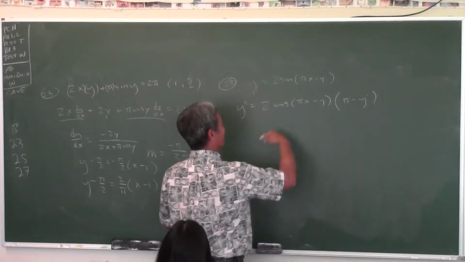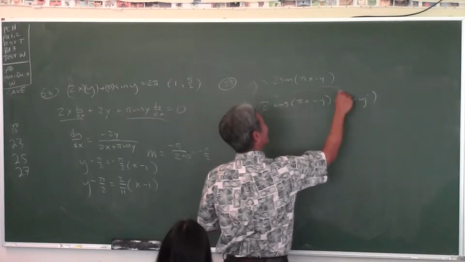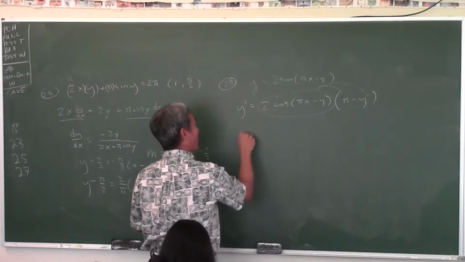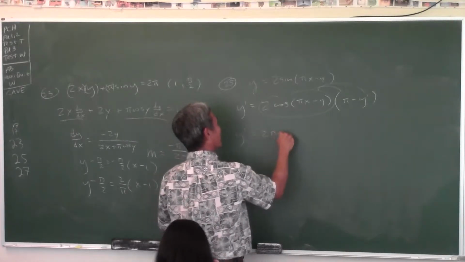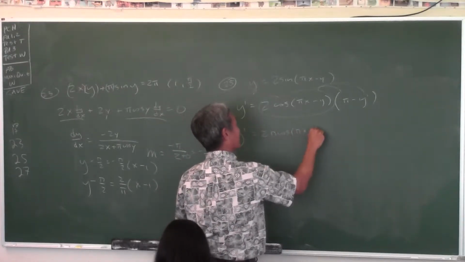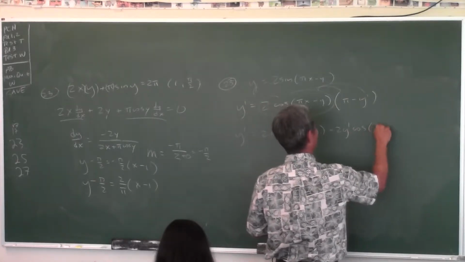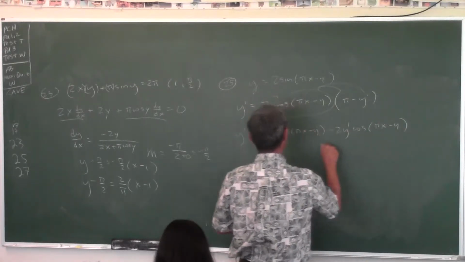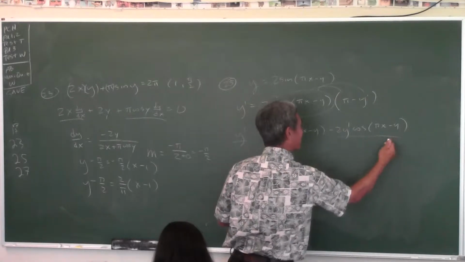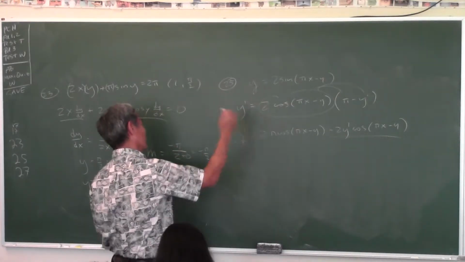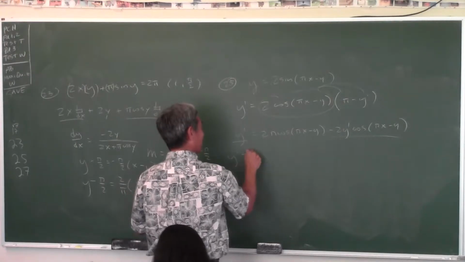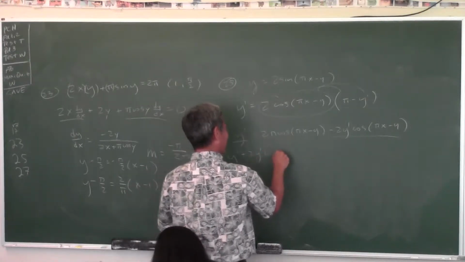So what you have to do is multiply on everything. You have to take this and distribute it over here. Y prime is equal to 2 pi cosine box minus 2y prime cosine box. So now there's two terms with y prime in it. You gotta put them on the same side. So move it to the left, to the left, to the left.